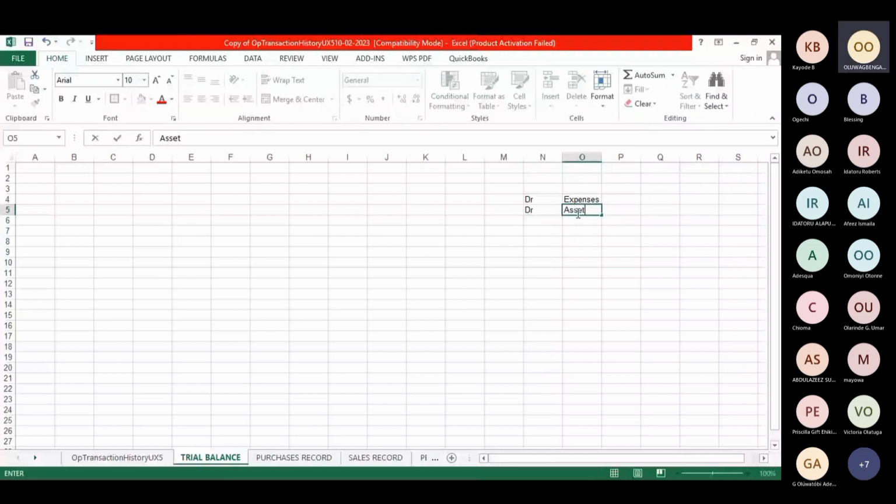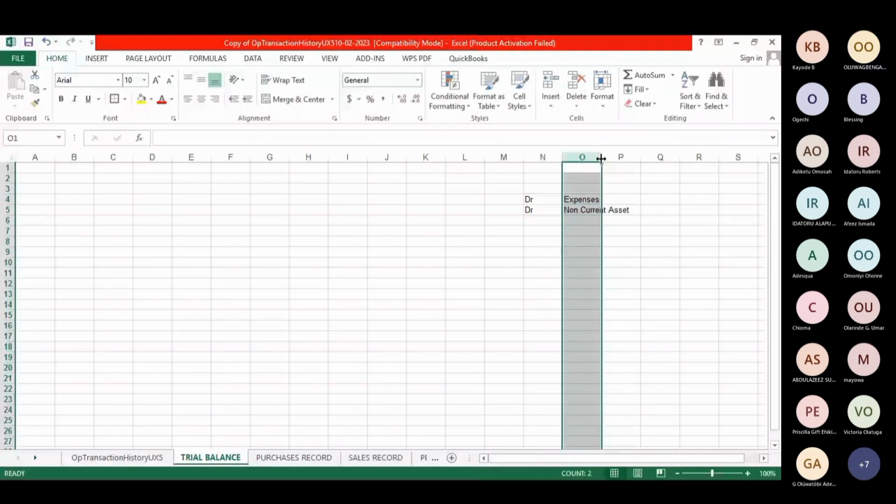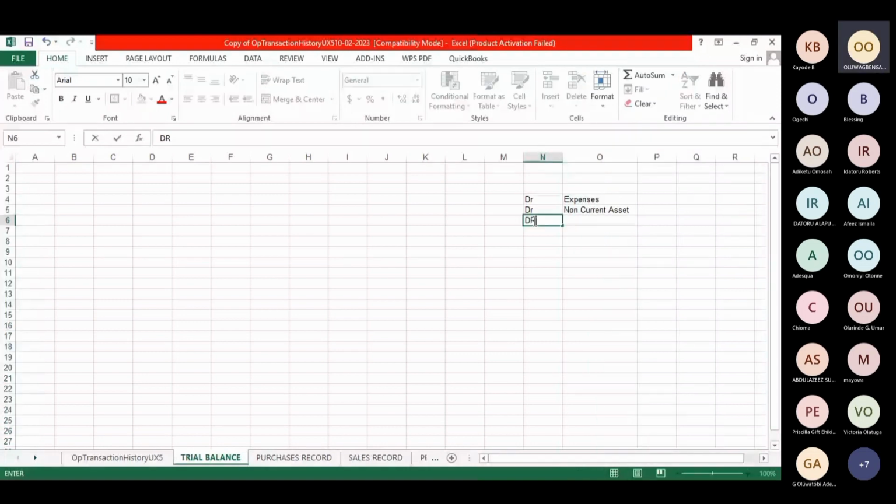So if I say debit assets, that is debit non-current assets. Debit assets. So all that relates to assets, you debit them. Credit.